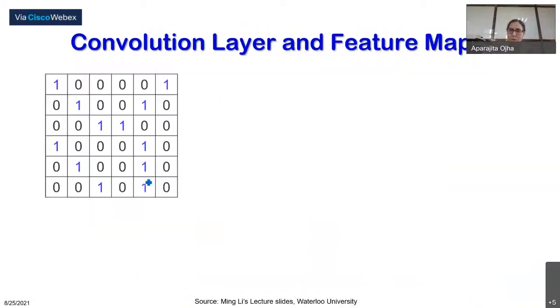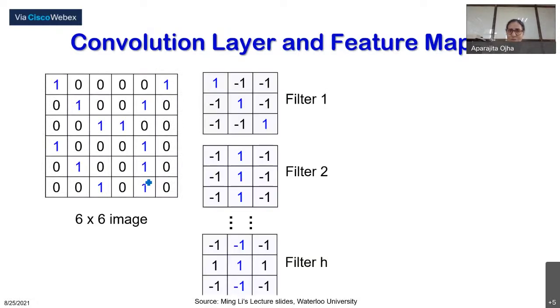Now, you have this 6x6 image. Suppose you have got H filters. I want to apply H filters. You will ask me why? Because there can be many patterns in the image. One filter will learn to detect one pattern only. I want to detect several patterns simultaneously, and therefore I will be applying different filters. The network will be training different filters to detect different patterns.